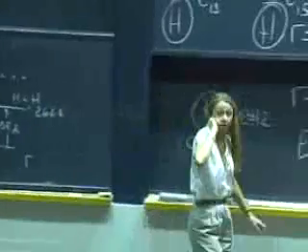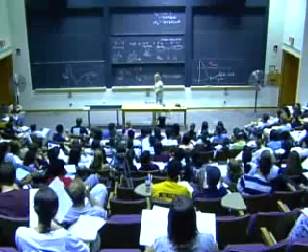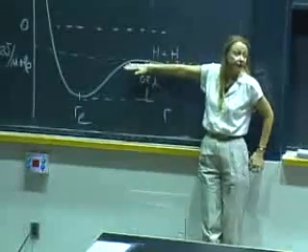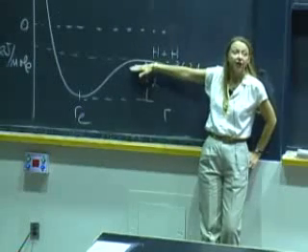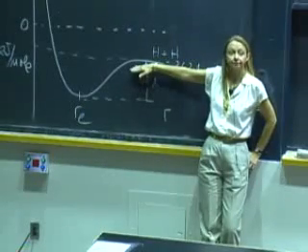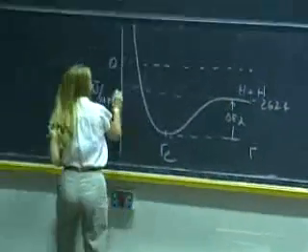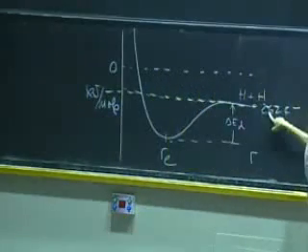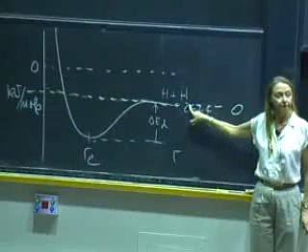Now, there's one other point I want to make, and that is that what we often and usually do is we reset our zero of energy. In other words, we're going to reset our zero of energy here so that the zero of energy corresponds to the separated atom limit.